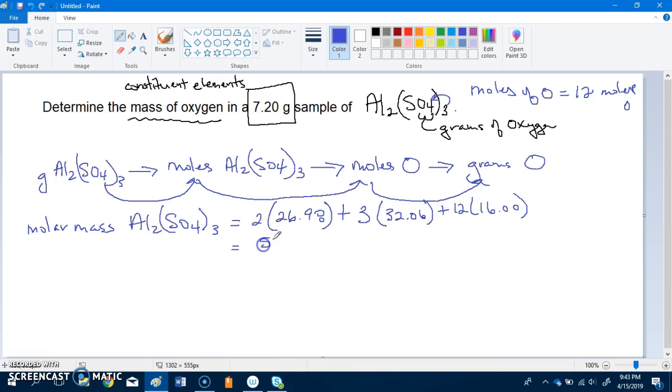And then I've already done my calculations for these, so I'm just going to put them in here so you can check when you're doing yours. And so the final total for my molar mass is 342.14 grams per mole of aluminum sulfate.